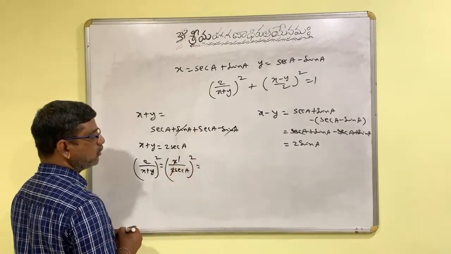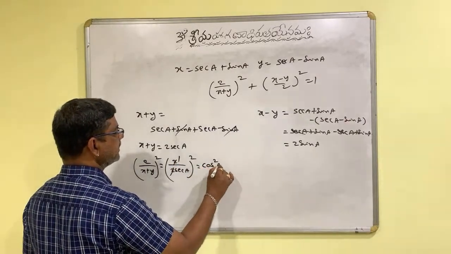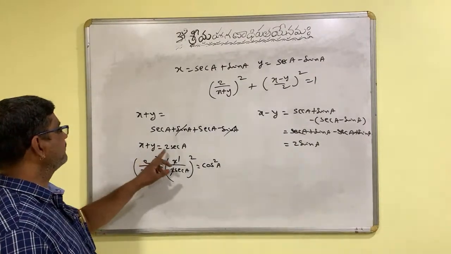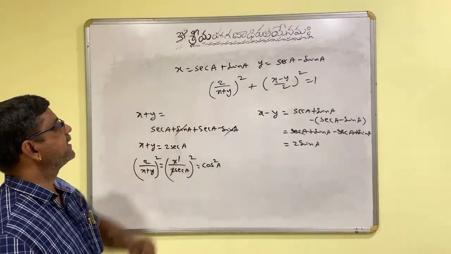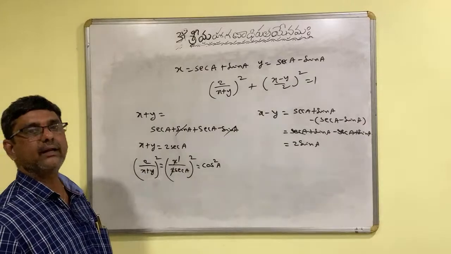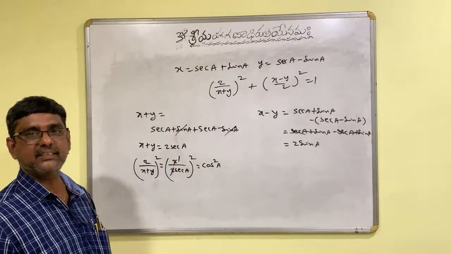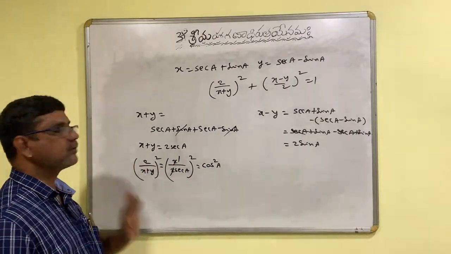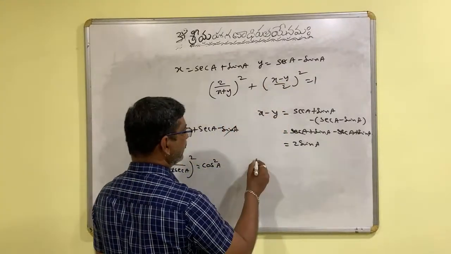1 by secant A whole square, which is nothing but cos square A. Children, see here, x plus y we got 2 secant A. And he is asking about 2 by x plus y whole square. That means 2 by 2 secant A whole square. 2 get cancelled. 1 by secant A is nothing but cos A. So cos square A. So 2 by x plus y whole square is cos square A. Now, x minus y by 2 whole square.